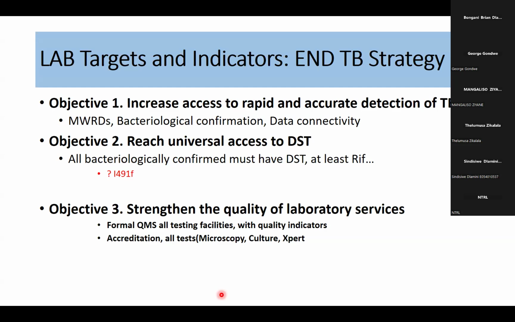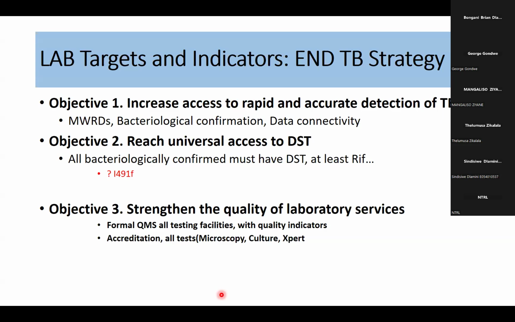We are also saying we want to reach universal access to DST. In this case, the WHO was looking at it in the context of rifampicin. So you can see there, I've made a question mark there to query I491F. Please remember it because it's the basis of our presentation today. And objective number 3 is to strengthen the quality of laboratory services.